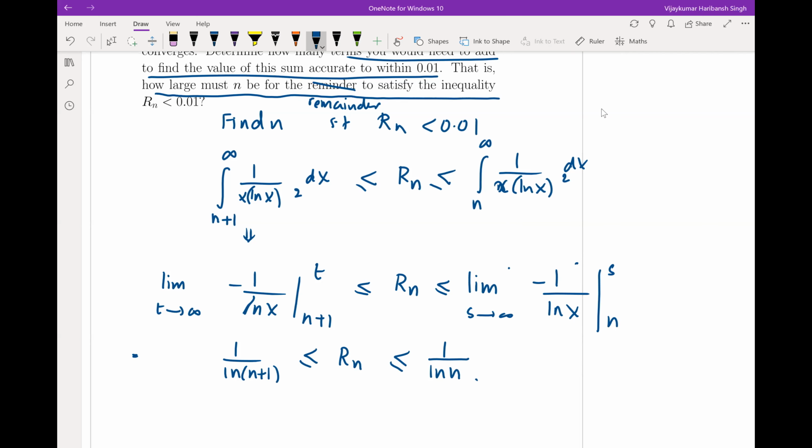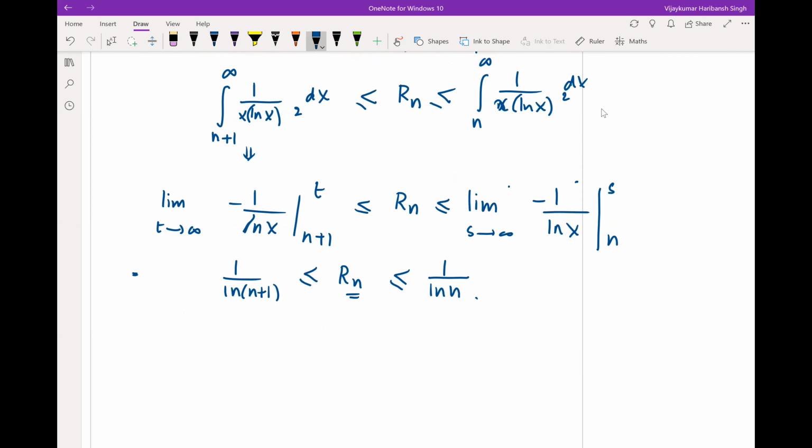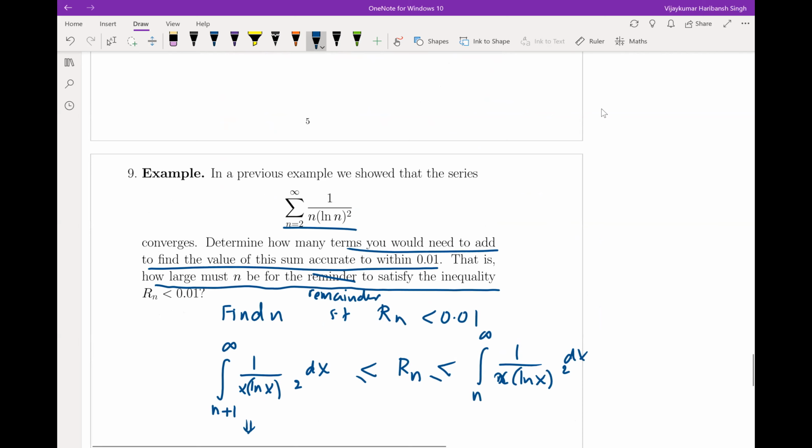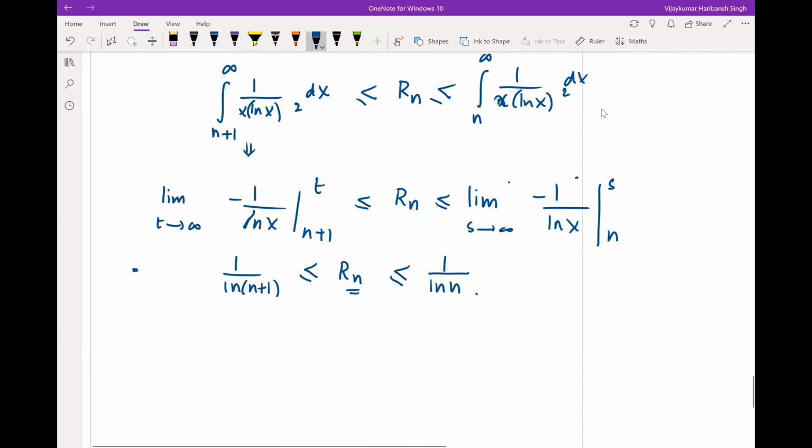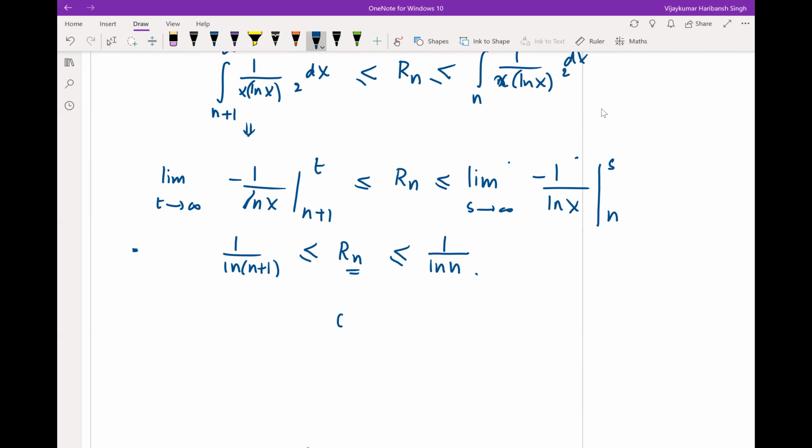So this is what we want. What is the remainder? You want the remainder to be less than 0.01. So essentially you're not worried about the lower part, but you want this upper bound to be true. Therefore, what do we get?